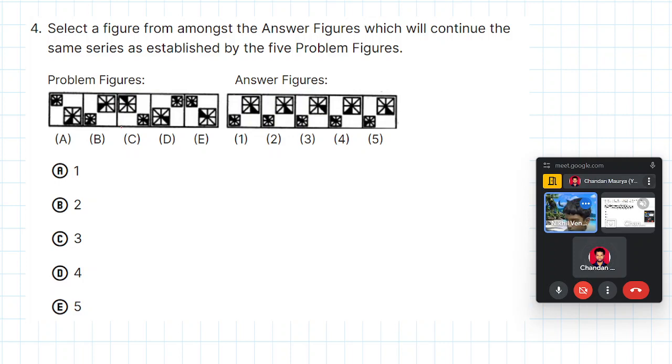Now, say, here what we can do. You are typing something.